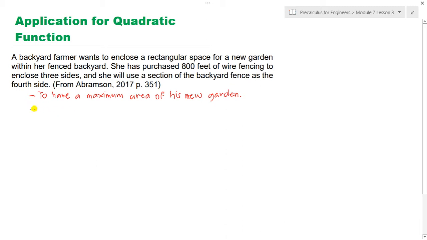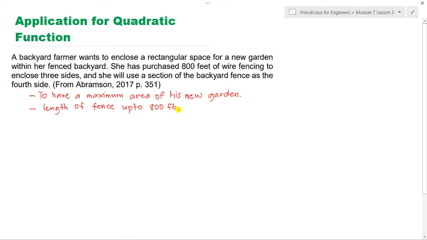The limitation of this problem is that the backyard farmer wants to have a maximum area, and he cannot do that infinitely because his limitation is the fence. The length of the fence, the corral, is up to 800 feet only.